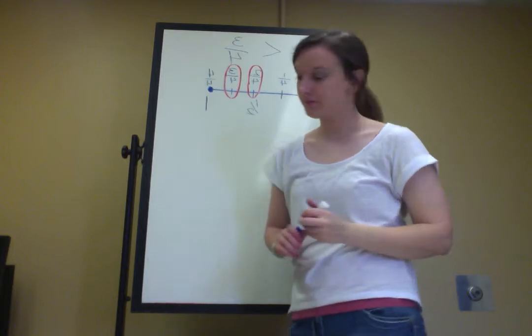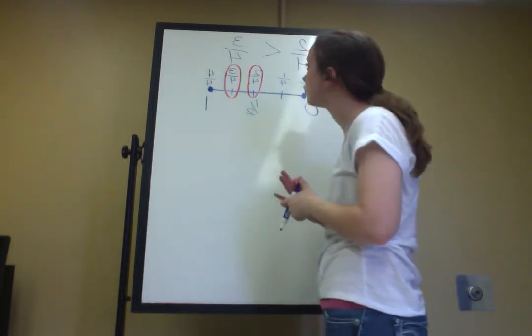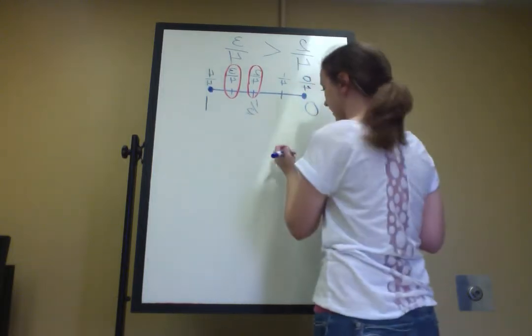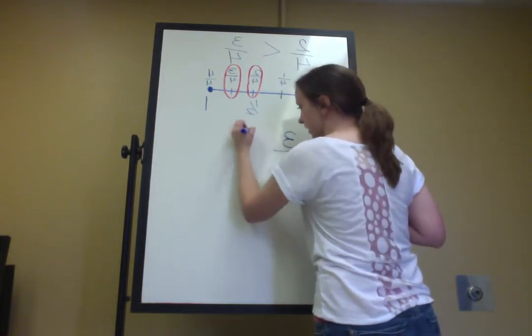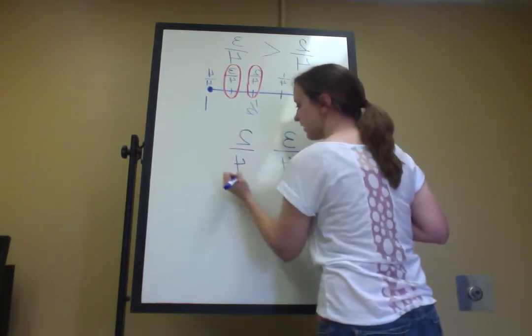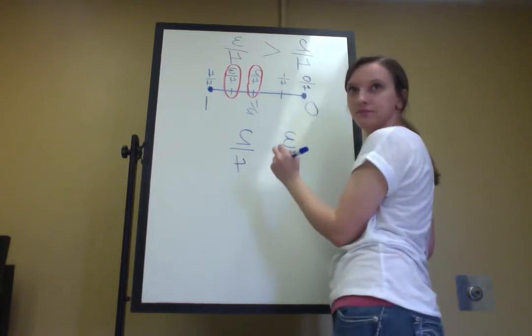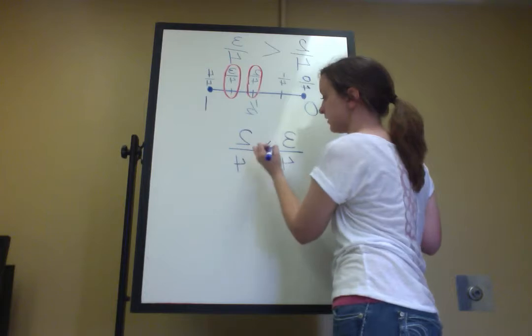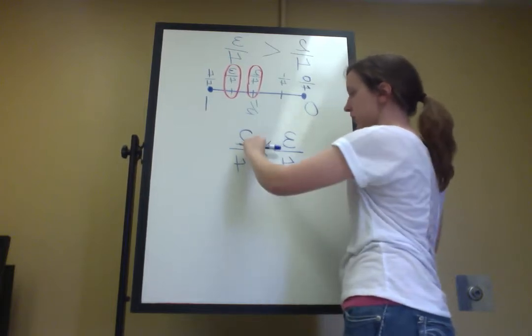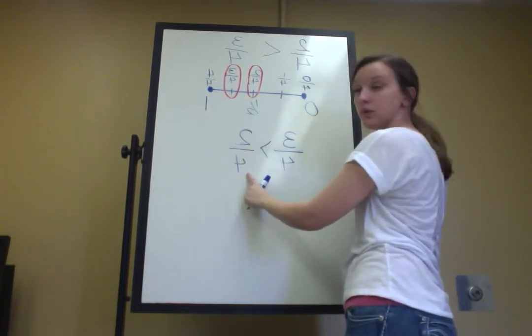What if I reversed it and I had 3/4 and 2/4? How would I write this statement? It would be reversed, correct? Because the smaller end goes toward the smaller number.